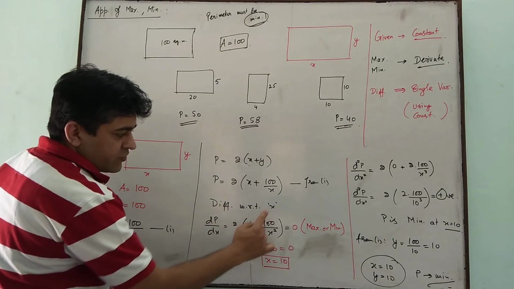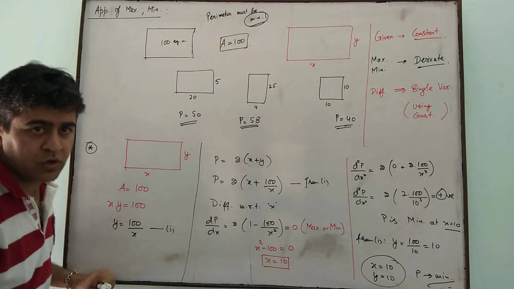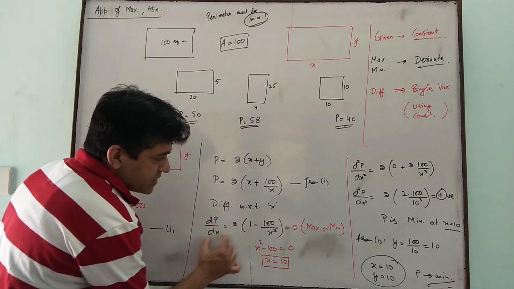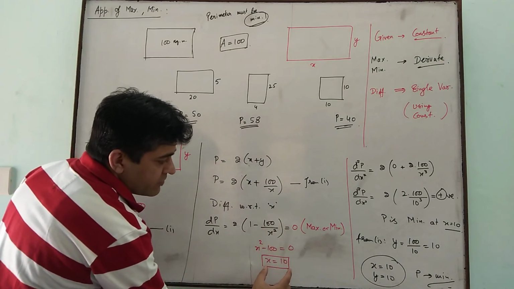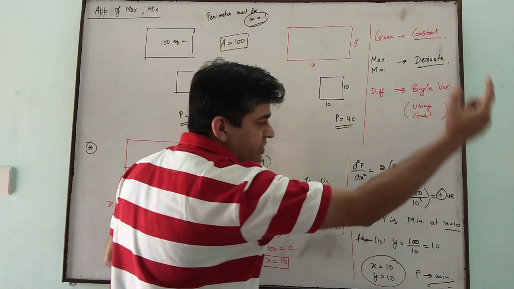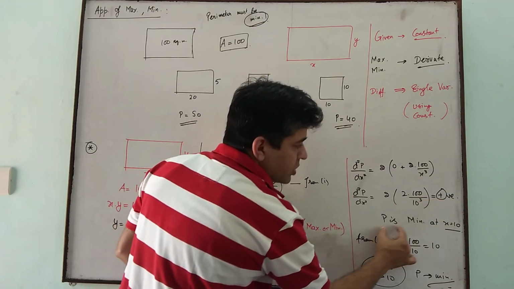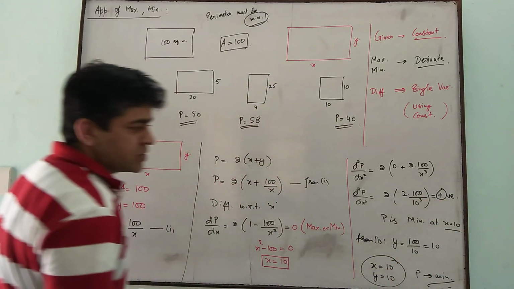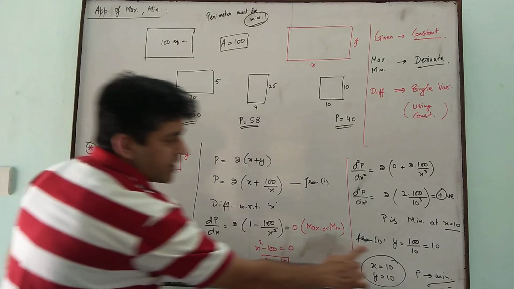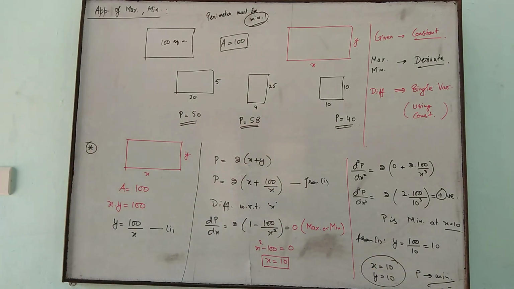Then differentiate. For maximum or minimum, derivative is equal to 0. That is the concept of local maxima, local minima. From here you will get the value of x. If double derivative is positive, then minimum. In case it is negative, then it is maximum. So here we got it positive, so your parameter is minimum at x equal to 10. So from this equation y also is equal to 10. Just note it down.